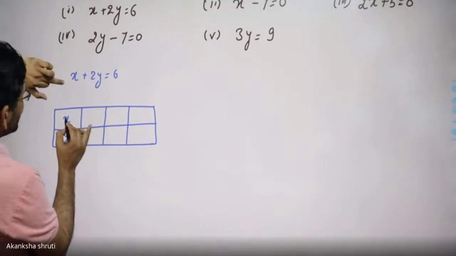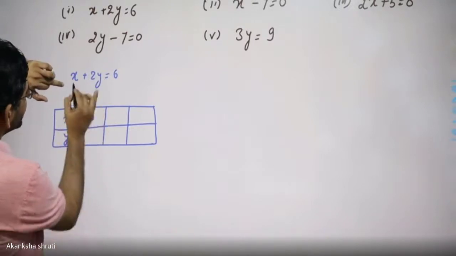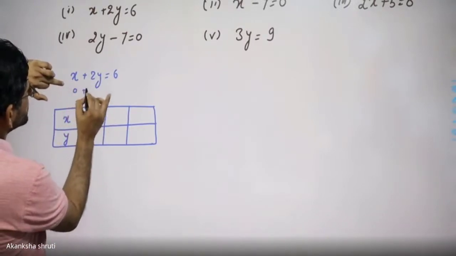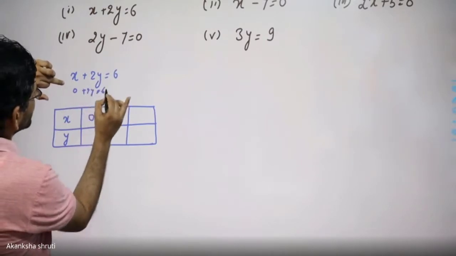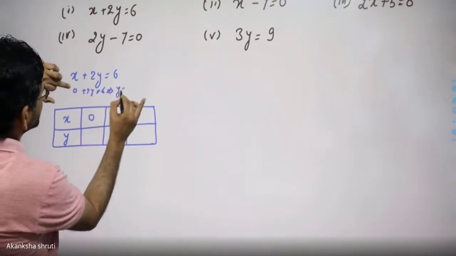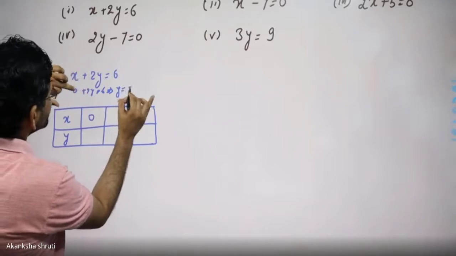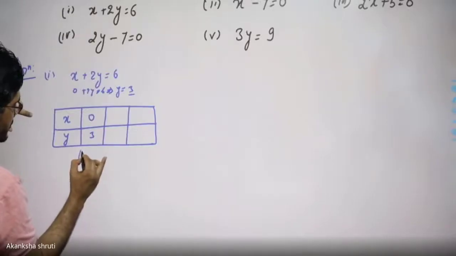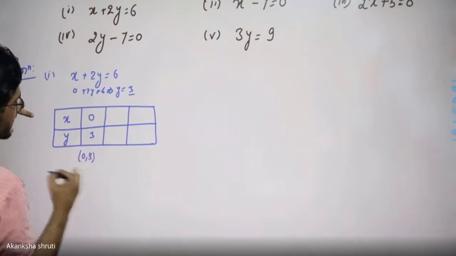Let us take this x value as 0. So taking x equals 0, 0 plus 2y is equal to 6. This is going to give us y is equal to 6 by 2, which is 3. So this 3 will come here. So the solution is 0, 3.